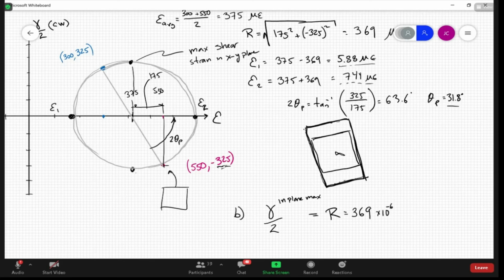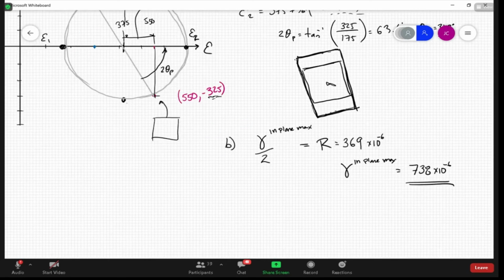And so that means the maximum shear strain in the XY plane is going to be twice that. It's the diameter of the circle. So that is 738. We don't want to forget the 10 to the minus 6. So that's the answer for B. And then finally, for the answer for C, they want the max absolute.